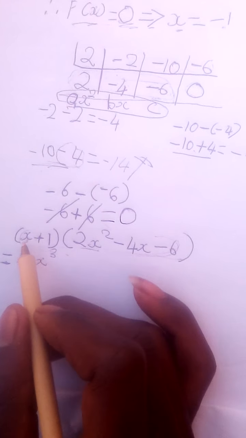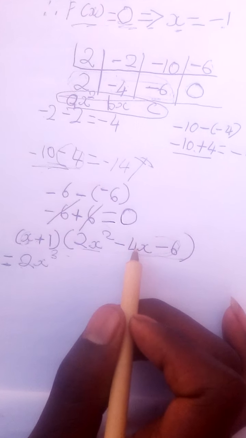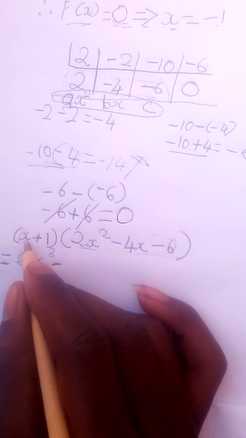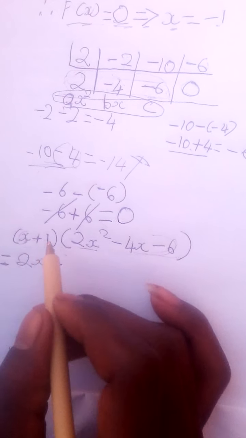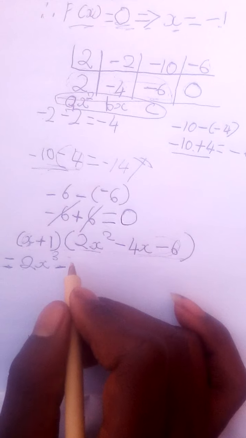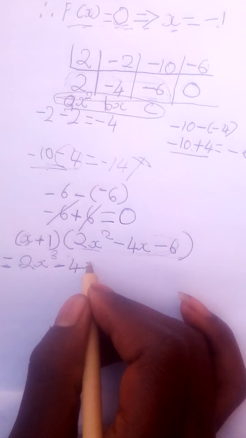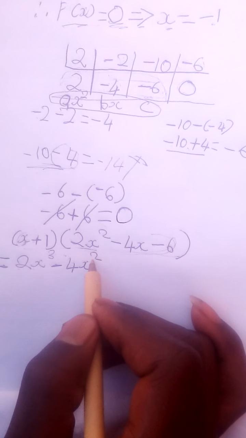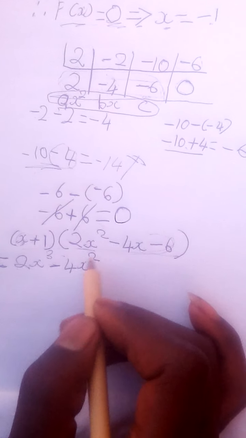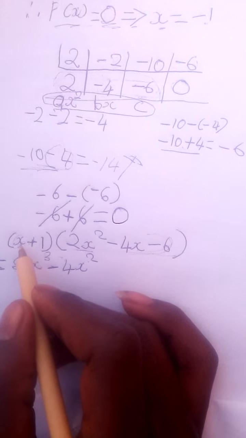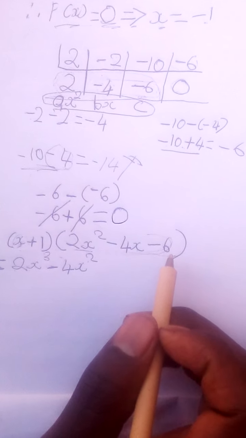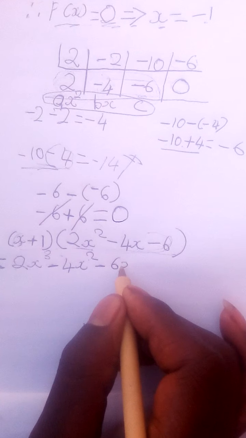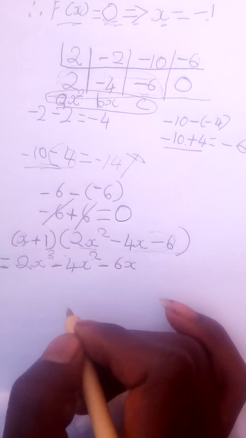Then we multiply the very same x with the second term, which is negative 4x, so positive x multiplied by negative 4x is going to be negative 4x squared, because x multiplied by x is squared. Then again I multiply the very same x with the last term. The last term is negative 6, then it's going to carry that x, therefore I'm going to have minus 6x.